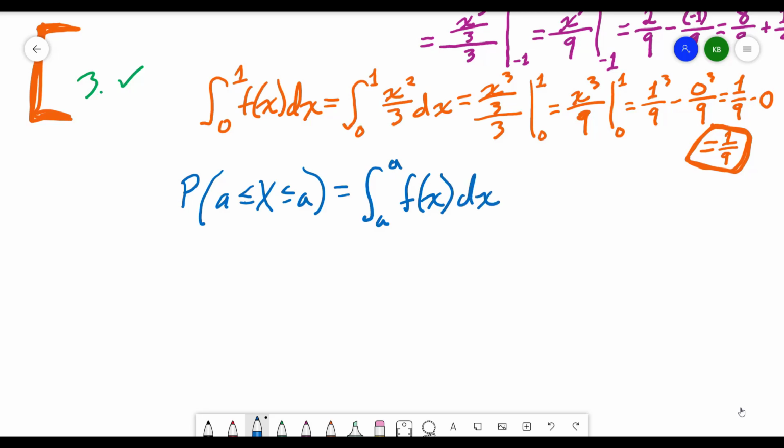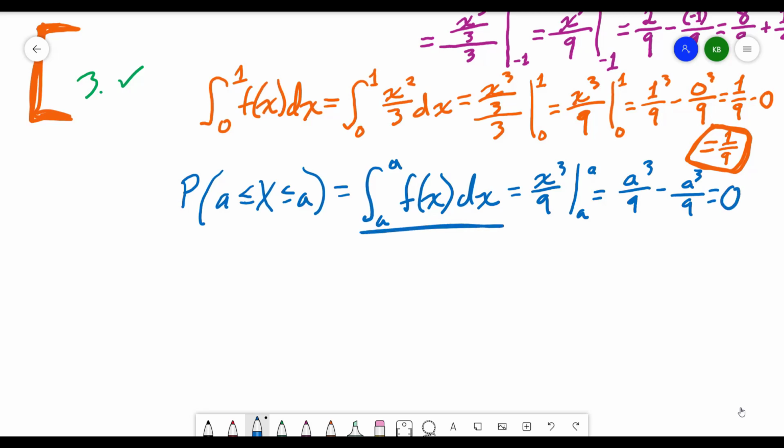If we take a look at the function that we had before, we would have taken the integral and gotten x cubed over 9 evaluated from a to a. And if we plug a in, we get a cubed over 9 minus a cubed over 9, which is going to equal 0. So the fact that a definite integral, when evaluated from one value to that same value, is 0, that's the math behind the probability of a random variable taking on a single value being 0.